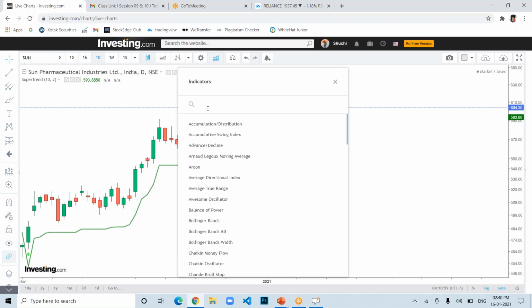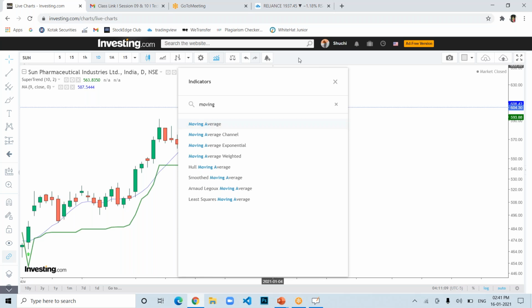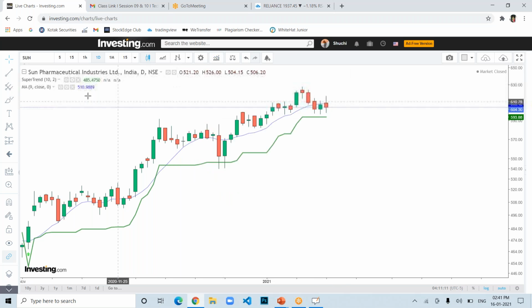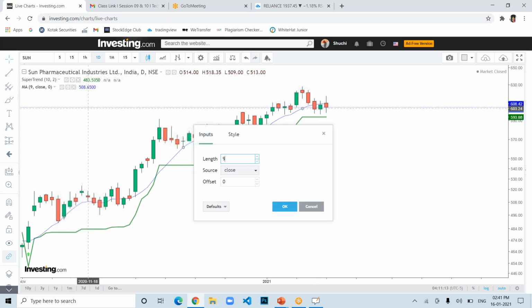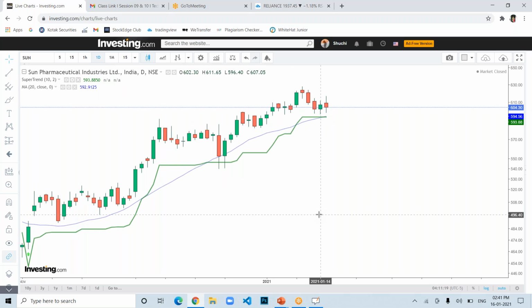For the second indicator, you can either plot a Bollinger Band, or you can even plot a moving average, 20 period simple moving average. So I'm plotting the simple moving average. This is your 20 period simple moving average.